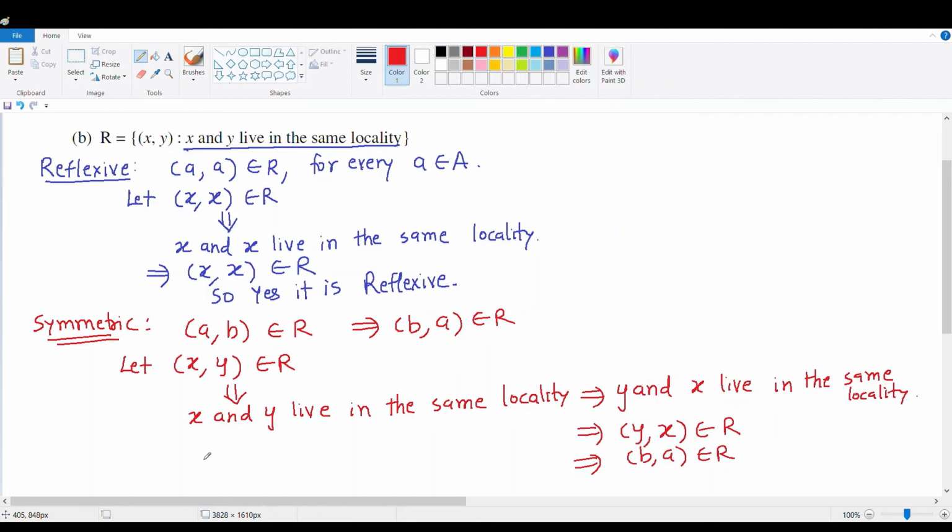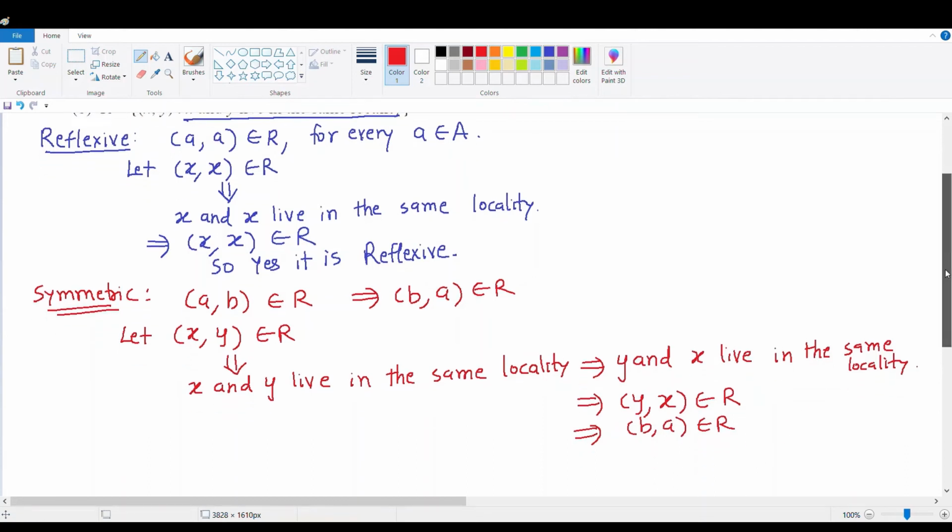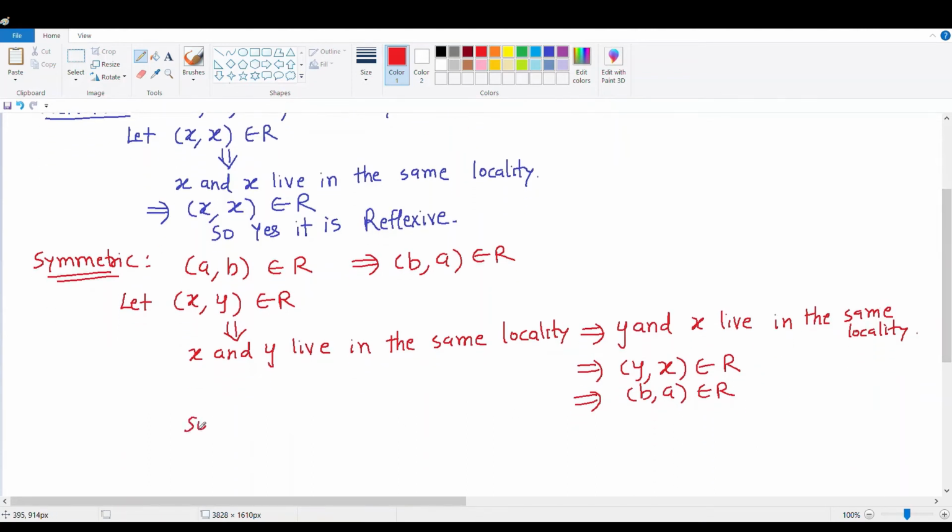Why? Because if x and y live in the same locality, then y and x live in the same locality. That means y comma x is in R, and y was B, x was A, so B comma A is also in R. So yes, it is a symmetric relation.